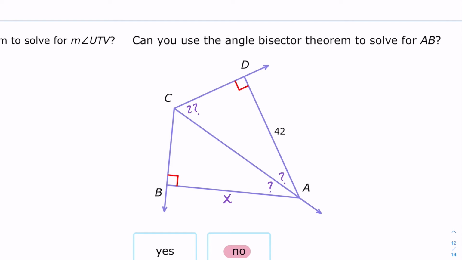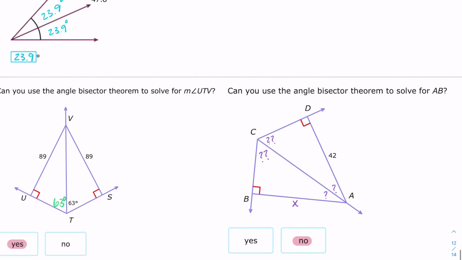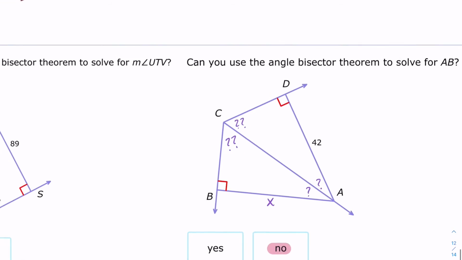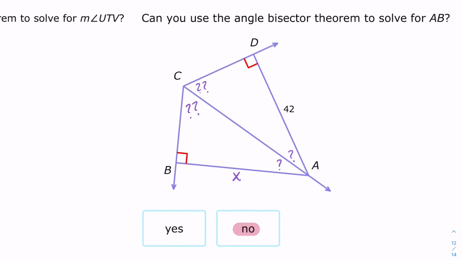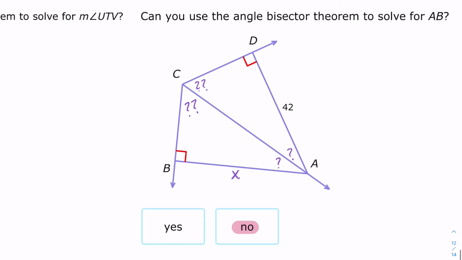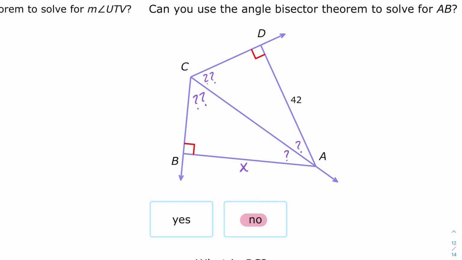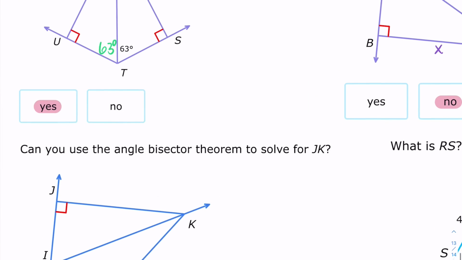Or I need this angle and this angle. So I need some more information to be able to prove that, because we don't have enough information to say, because of the angles, that they are congruent. All we know is they have one pair of congruent sides, the one that's shared, and we have one set of congruent angles, which are not shared. Okay, so the answer to this is no.